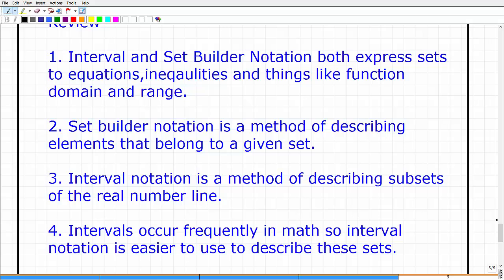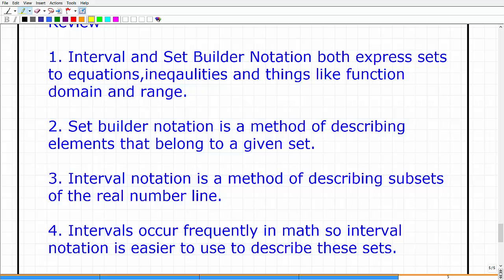The way we're going to describe these various intervals is using interval notation, primarily. Now we could use set builder notation, because it's a method of describing elements that belong to a given set. This is a little different from interval notation because it's talking about the properties or description of what's inside of those particular sets.